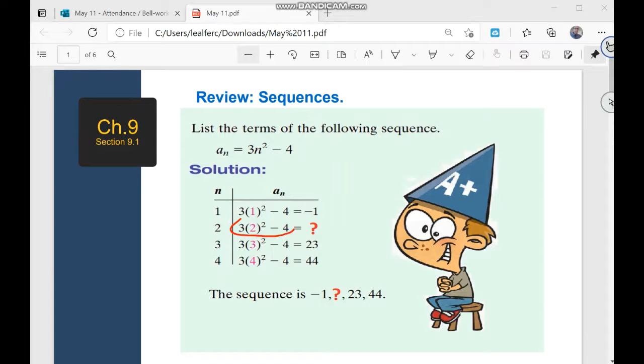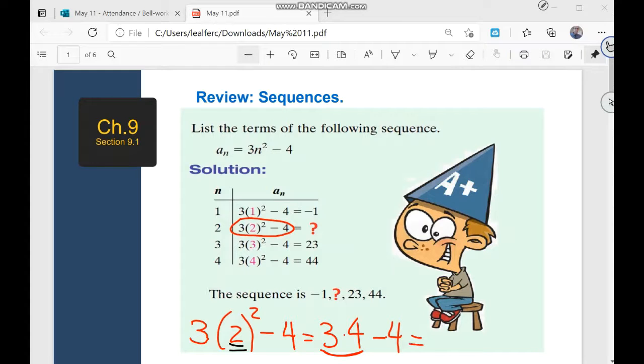This is the expression, right? Let's try to simplify it. 3 times 2, and we are plugging in n equals 2 into the formula, squared, minus 4. Nice. Now 2 squared is going to be equal to 4. 3 times 4 minus 4. And now this is PEMDAS, right? Order of operations. 3 times 4, 12, minus 4.